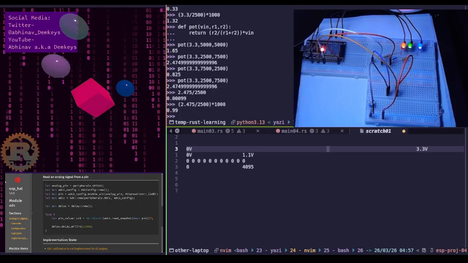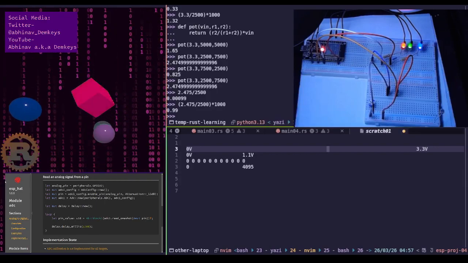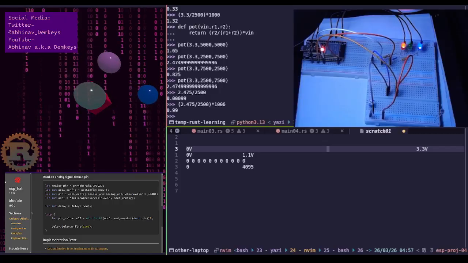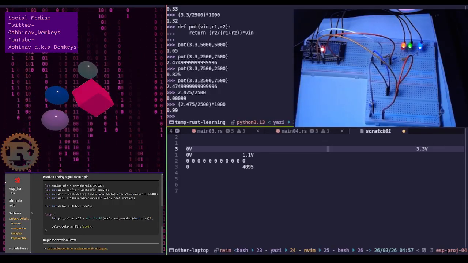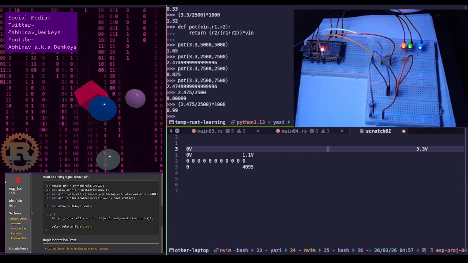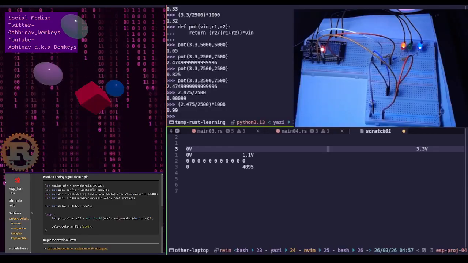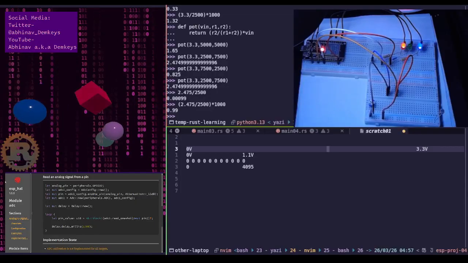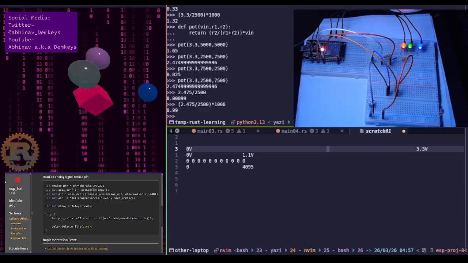Okay, so I'm a bit confused here. In your 3.3 divided by 10 million calculation, you didn't take the 2500 into account, assuming the knob is turned 25%. Why is that?